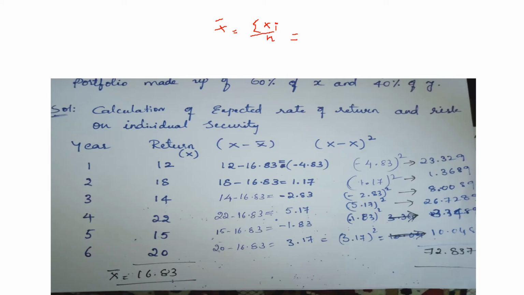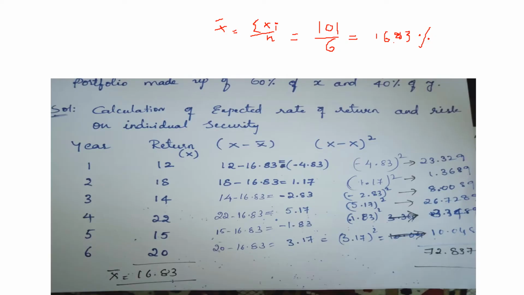So the total comes to 101 upon 6. So here you are going to get 16.83%. Okay, so this is X bar.